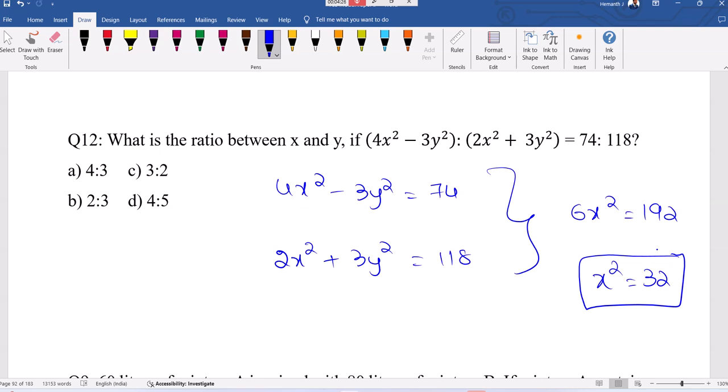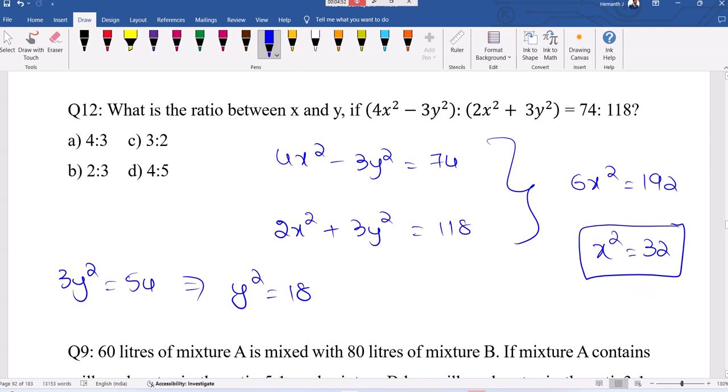Now subtracting, okay, if you put that x square value 32 here, 64 should be removed. When you remove 64, this should be 54. 3y square equal to 54. y square will be equal to 18.